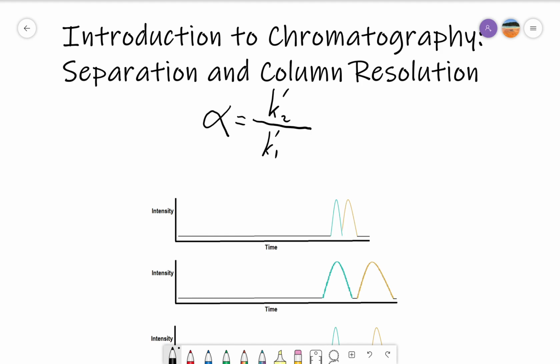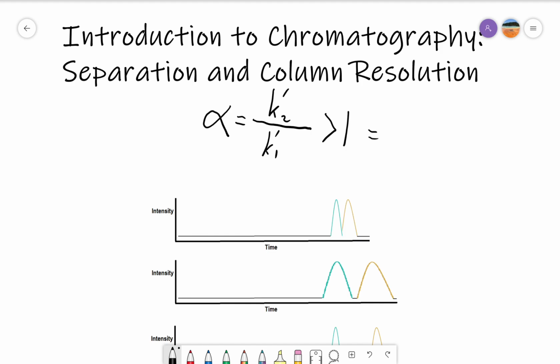And it is K'2, that's the one that has the larger partition ratio, divided by K'1, so the ratio of those two partition ratios, and it is always greater than 1. The bigger number goes over the littler one.